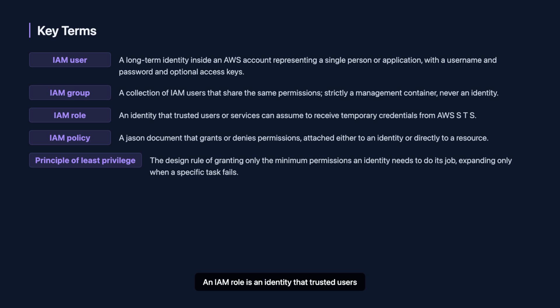An IAM role is an identity that trusted users or services assume to receive temporary credentials from a service called Amazon Web Services Security Token Service (STS). An IAM policy is a JSON document that grants or denies permissions, attached either to an identity or directly to a resource. And the principle of least privilege means granting only the minimum permissions an identity needs, expanding only when a specific task fails.